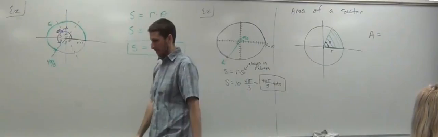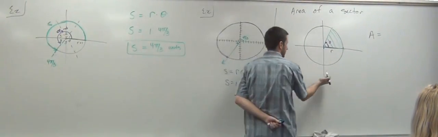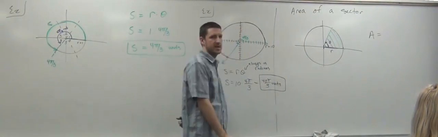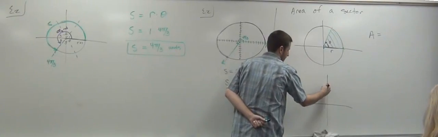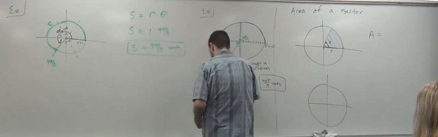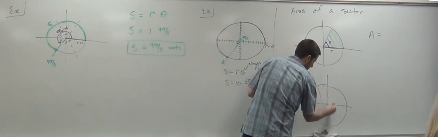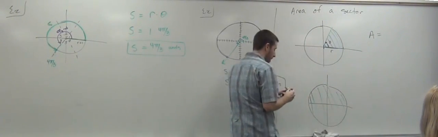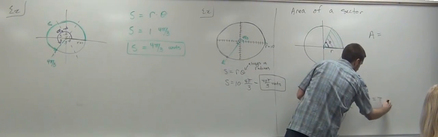Here's how I remember it. Suppose you had a full circle. What's the area of a full circle? Pi r squared, hopefully you remember that from some other class.